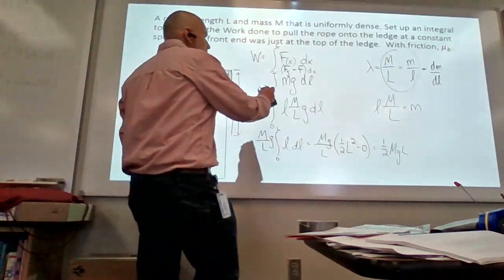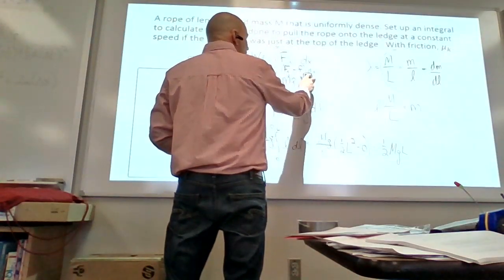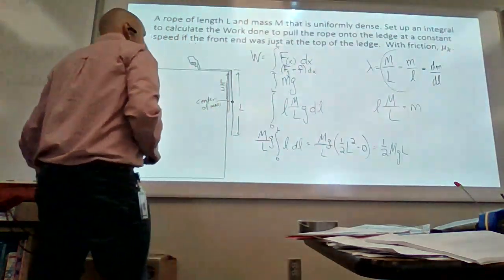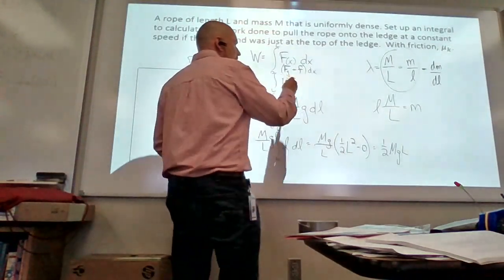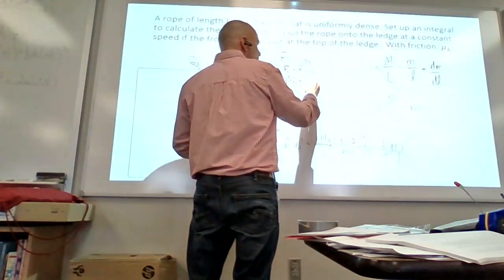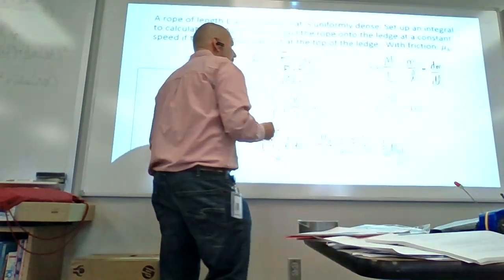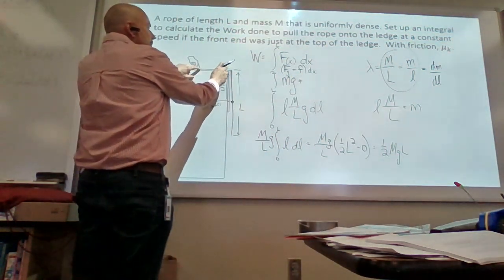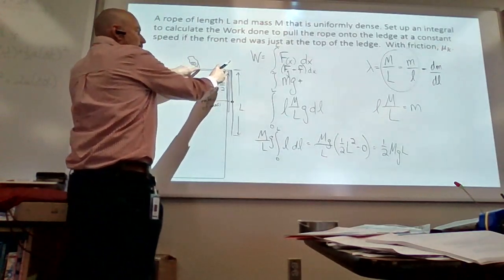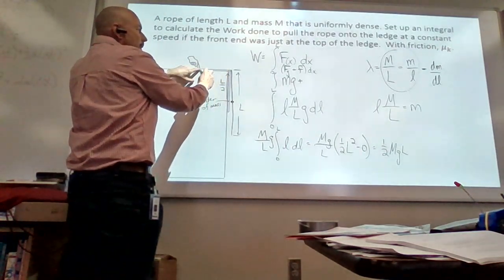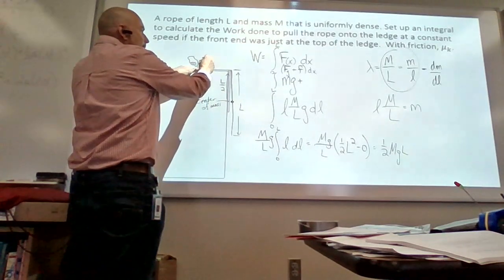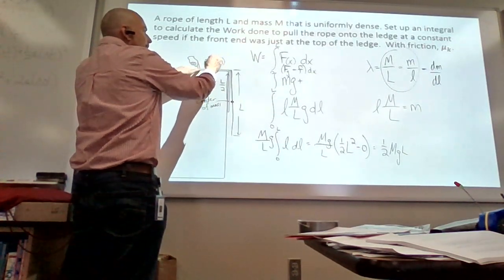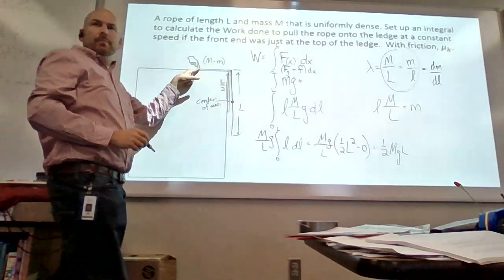So here we have an expression for gravity, but we also need an expression for the friction. Why is it minus? It's supposed to be plus, sorry. Friction's only acting on this part, which is capital M minus lowercase m.